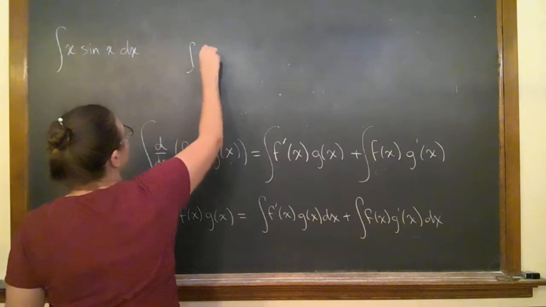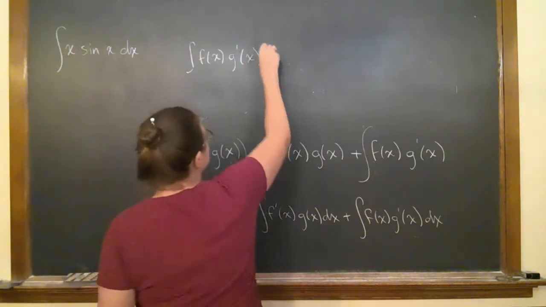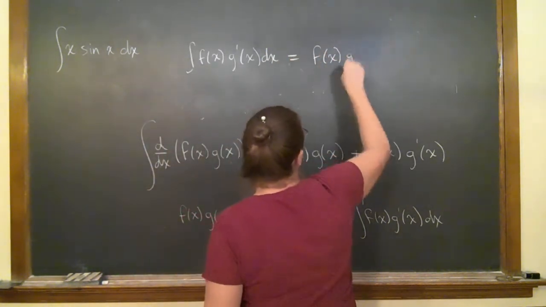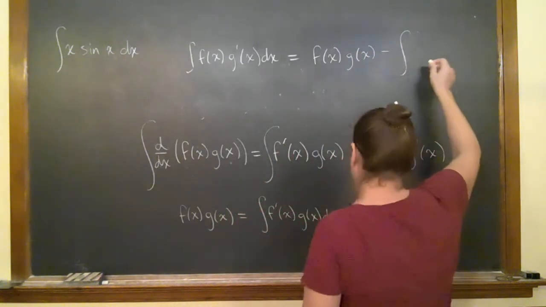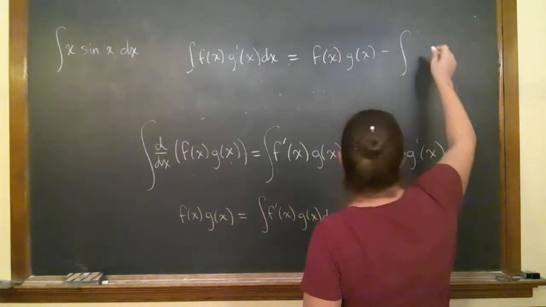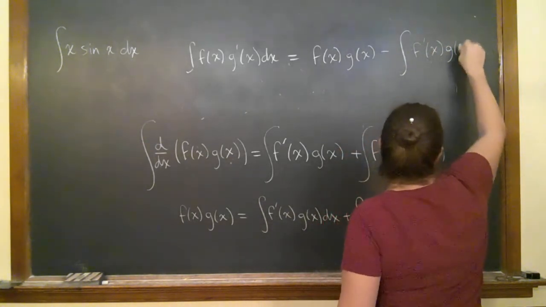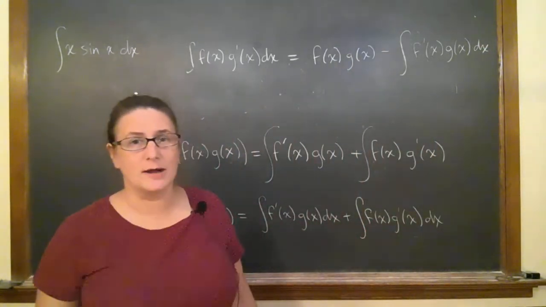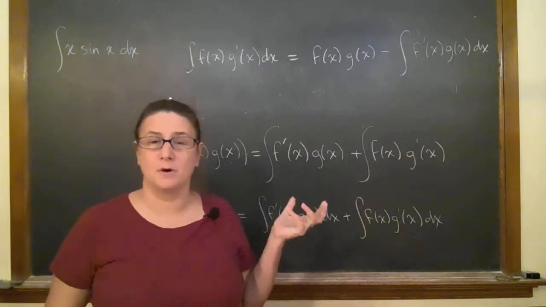The integral of f of x, g prime of x is then equal to f of x times g of x minus the integral of f prime of x, g of x dx. Right? Okay. So that's actually kind of a mouthful to remember.